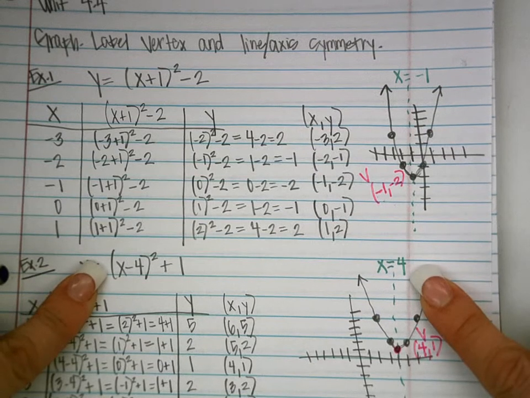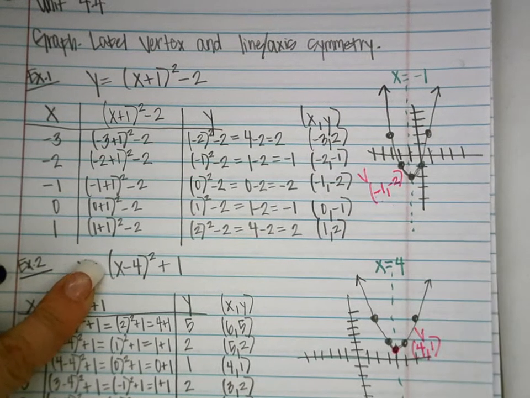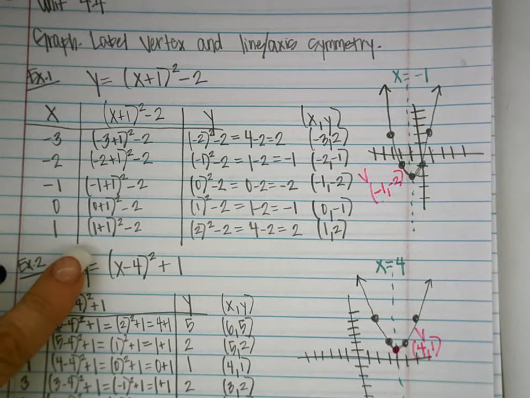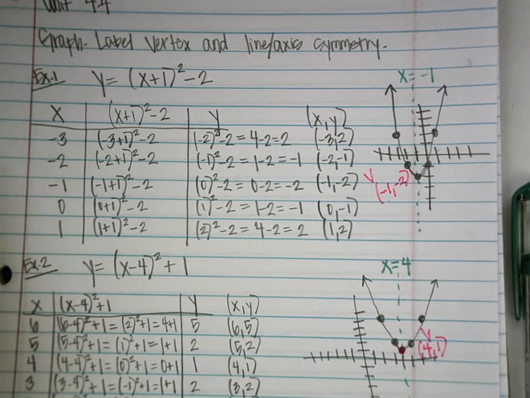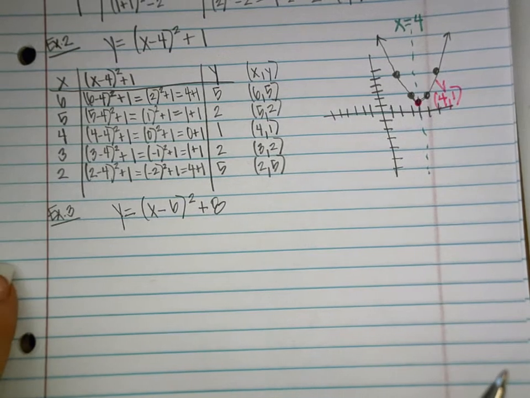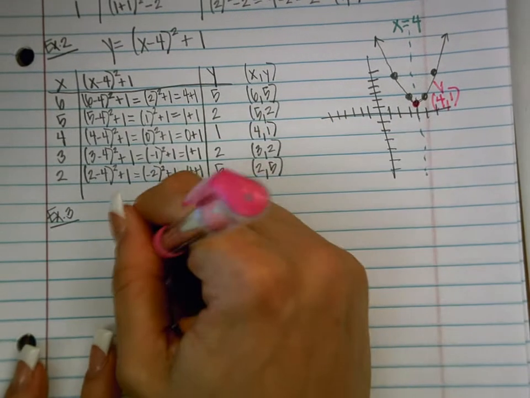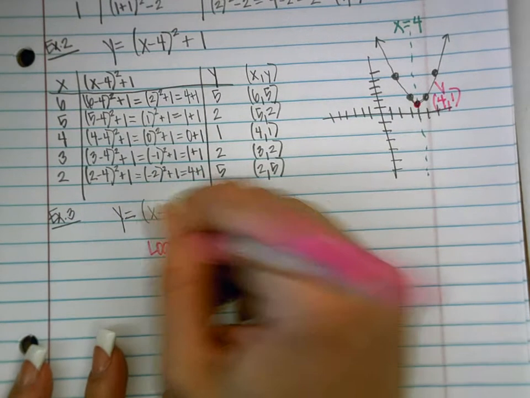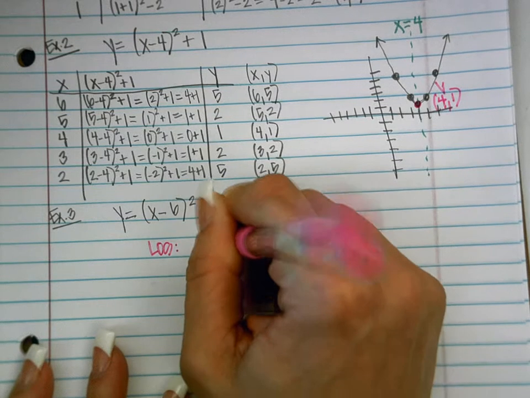The line of symmetry is opposite of what's in the parentheses. Your line of symmetry will always be x equals h.